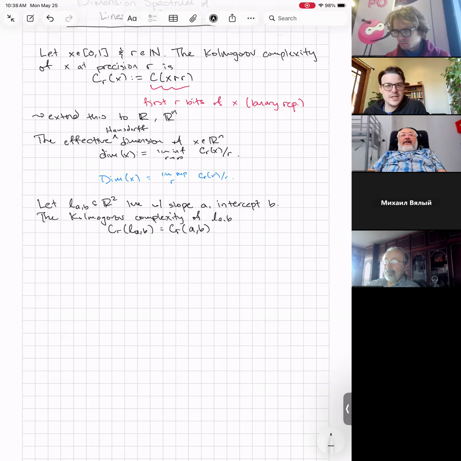So we're just parameterizing non-vertical lines by Euclidean points in R2 in the usual way.